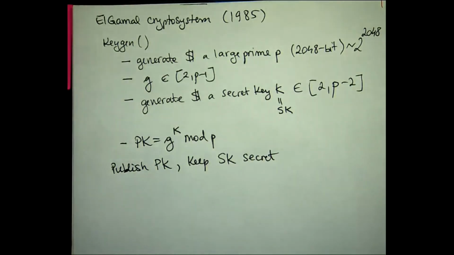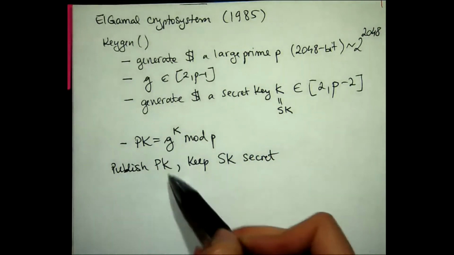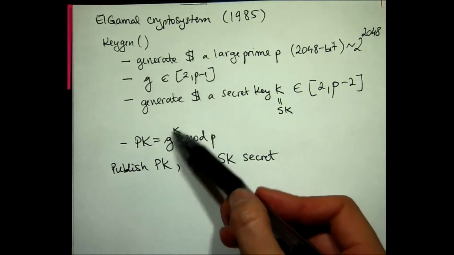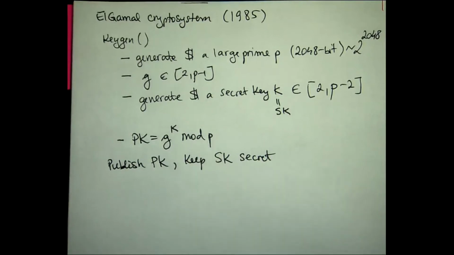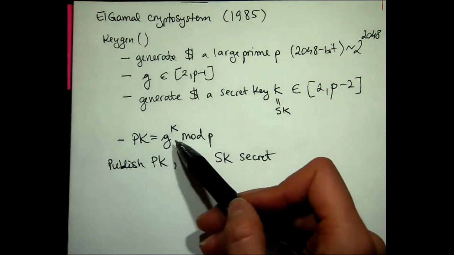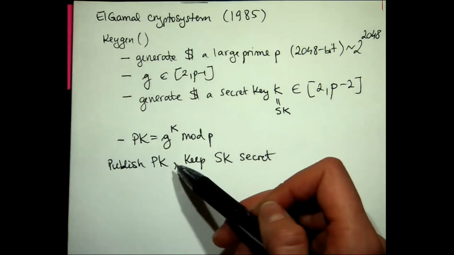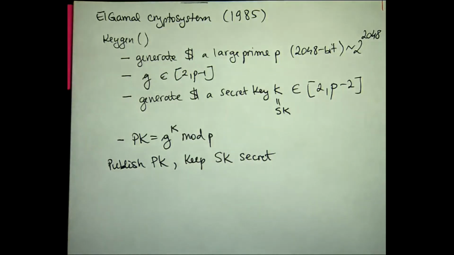Okay, so first, why is it that if I publish the public key, someone cannot tell what the secret key is from that? After all, the public key depends on the secret key. Yes? Exactly. If you were to be able to obtain key K, it means that you can solve the discrete logarithm problem, which we saw last time, that it's very hard to, we don't know how to solve it efficiently.